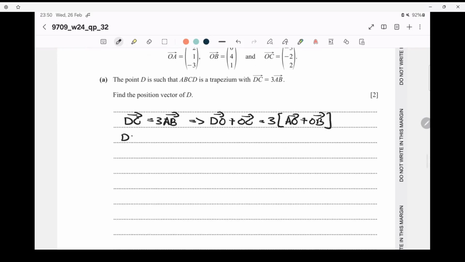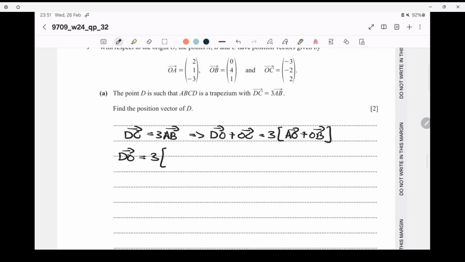So DO is what? DO would be 3 times AO, which is minus 2, minus 1, 3, plus OB is 0, 4, 1. And then you need to minus OC, which is minus 3, minus 2, 2.